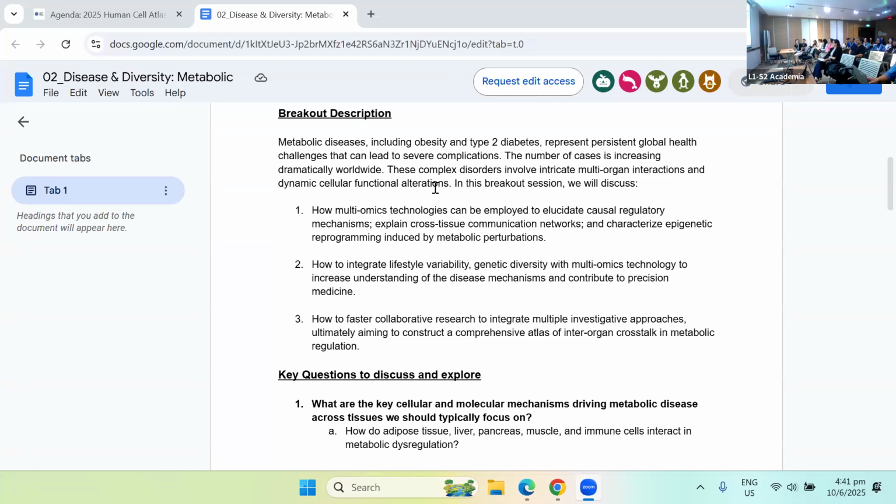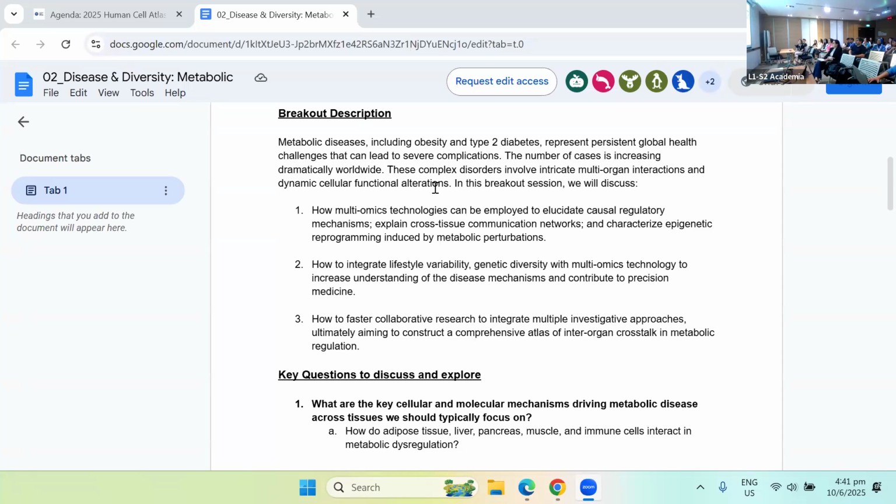Just to break us in for today's topic. This session is called Metabolic Disease, which involves many types of diseases, especially in developed countries. These diseases include obesity and type 2 diabetes, and also involve cardiometabolic diseases, for example CAD, hypertension and hyperlipidemia.